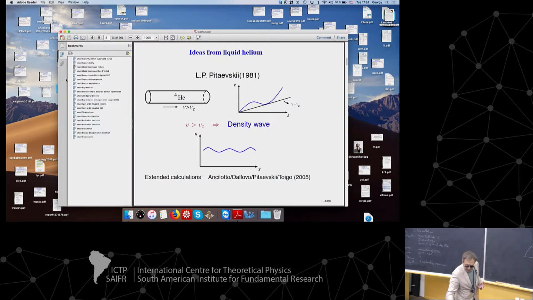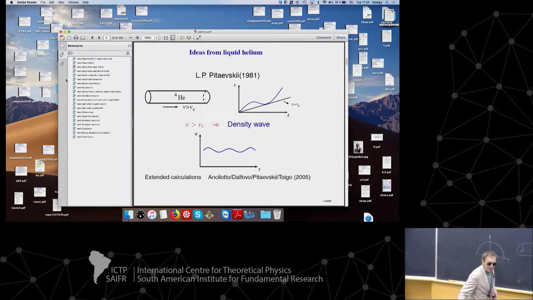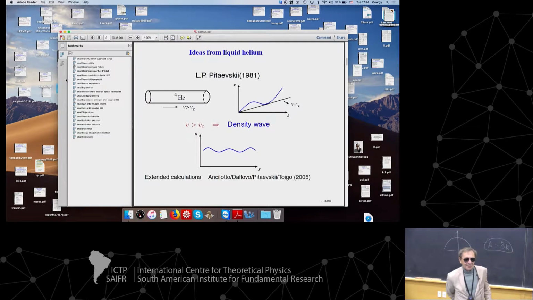And then what Lev has concluded is that there will be a density wave in the moving frame, like a stripe supersolid state. So this will be the density. He did it analytically, or almost analytically, and at a much later stage, when Lev was already in Trento, together with several other people from that laboratory, they did numerical calculations and obtained this structure. Absolutely remarkable work, which unfortunately has not been implemented in experiments.